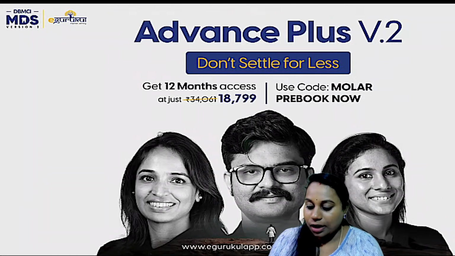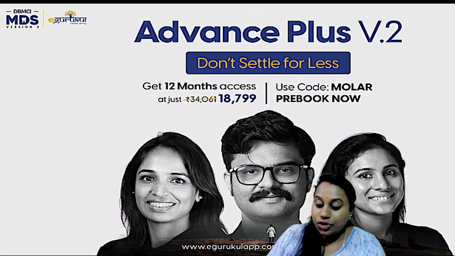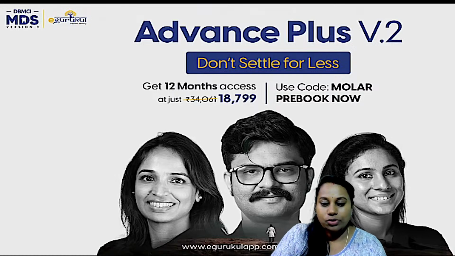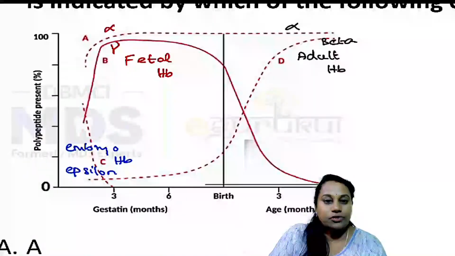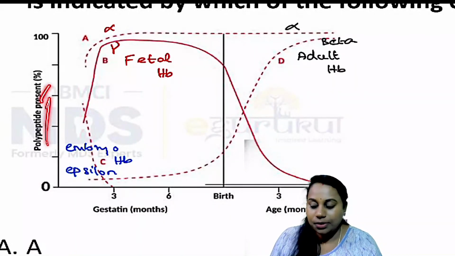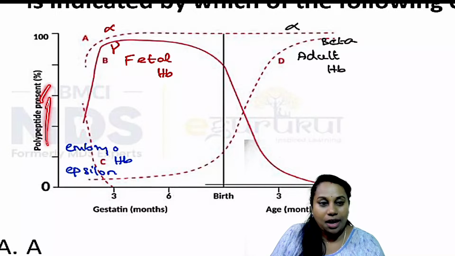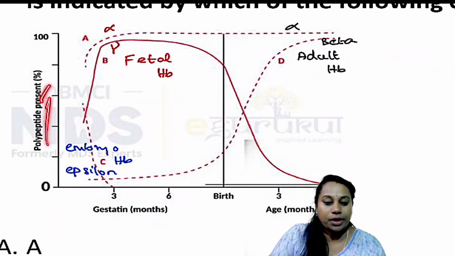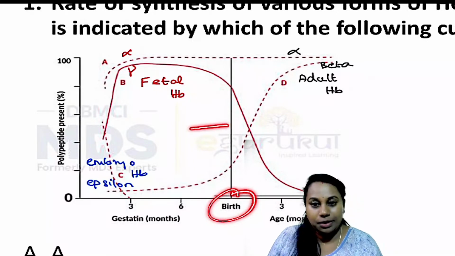So this diagram shows the polypeptide chains on y-axis, and also you can see the period of gestation on x-axis. This is a point of birth, before birth and after birth. Before birth, this is called the fetal hemoglobin, and after birth it is adult hemoglobin.